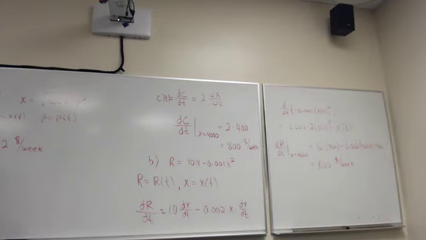The question says, find the rate at which demand is changing over time when the price per unit is $40.